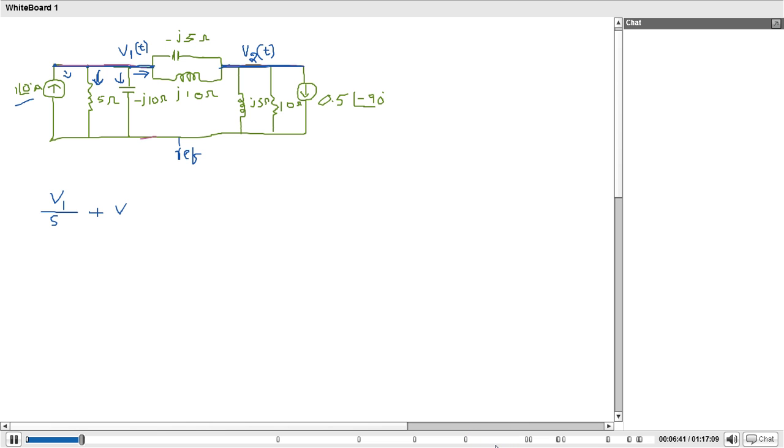Always, inductive reactance is positive and capacitive reactance is negative. So for minus J10 ohm, minus J will come, and for an inductor, plus J will come. The current flowing through the capacitor having minus J10 ohm is V1 by minus J10.